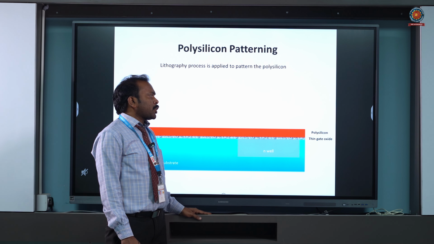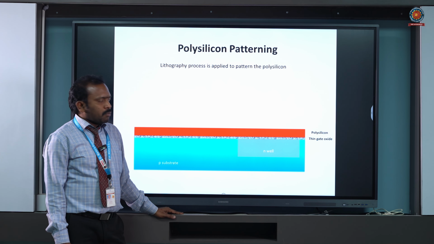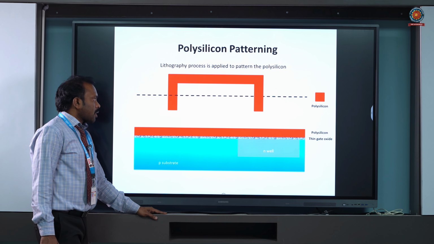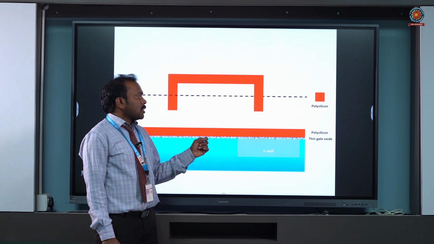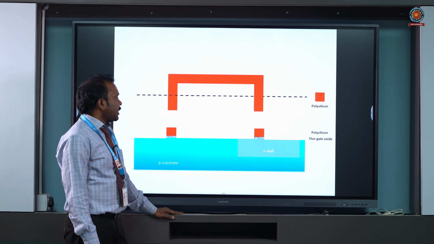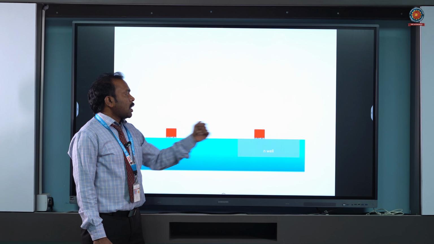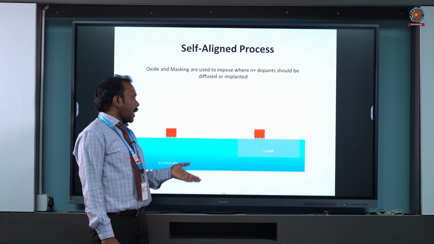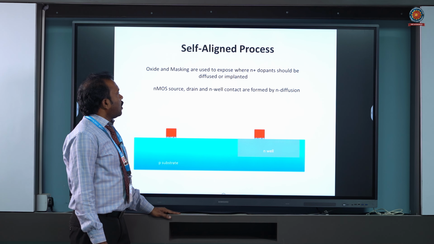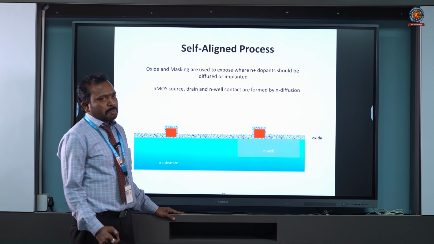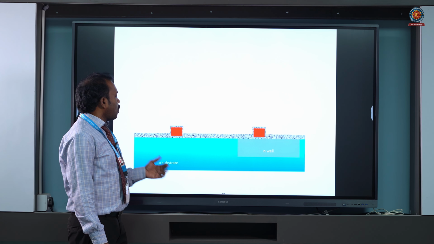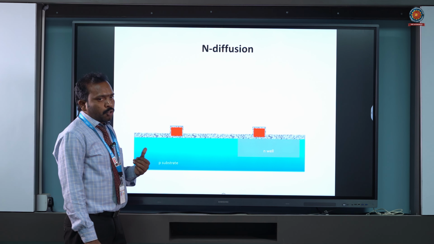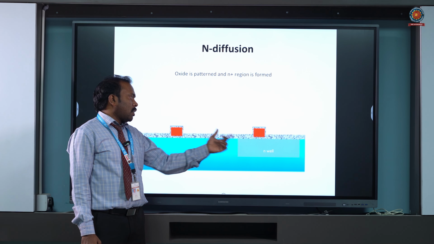Over this, first we need to form a polysilicon layer which is diffused on the surface of this P substrate, and by using that we form a gate layer which is shown here in red color. Then we use N plus dopants to be diffused by the N diffusion process, as well as P plus dopants diffused on the N well, and N plus dopants diffused in the P substrate to form the source and drain terminals.